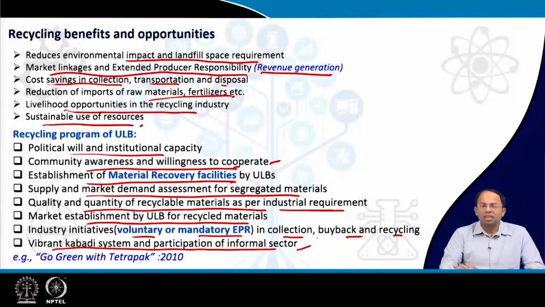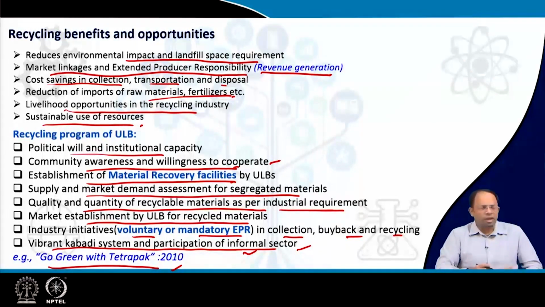If that part is very vibrant in a city, and market linkages already exist, we can actually promote it further. This kind of industry helps in the overall recycling process. One example is Go Green with Tetra Pak in Mumbai. This campaign was adopted, which helped in recycling a lot of Tetra Paks, a form of packaging material.